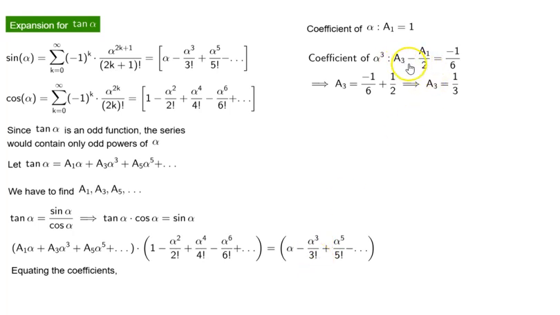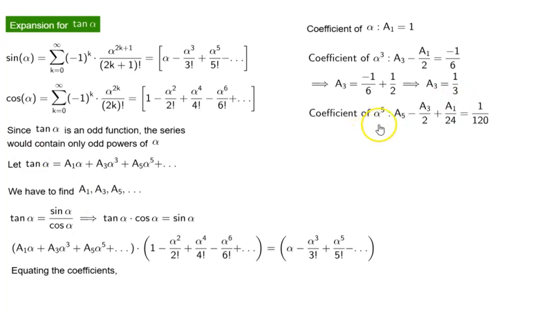So we have a sub 3 minus a sub 1 by 2 is equal to minus 1 by 6. Now a sub 1 is 1. So we get a sub 3 minus 1 by 2 equal to minus 1 by 6. And evaluating for a sub 3, we get a sub 3 equal to 1 by 3.